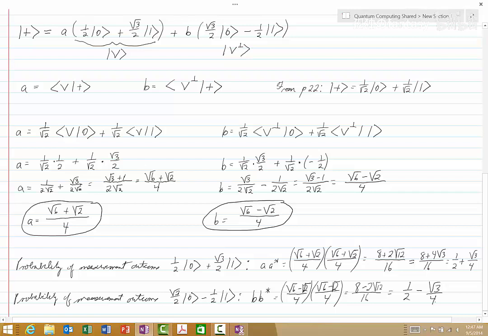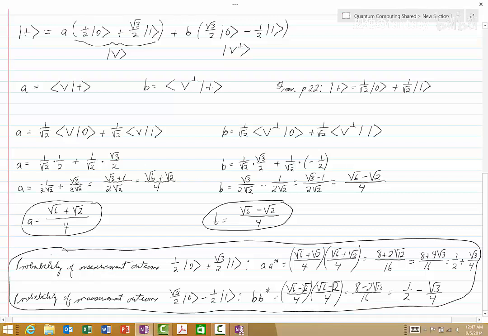And those are our answers. And notice that once again, just as before, and just as we expect, these two probabilities here add up to 1, because certainly we must measure one of these two.